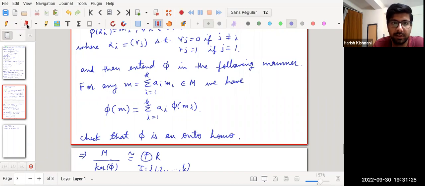For any rj, or let us say sj inside, I will just rewrite it again to avoid any confusion.